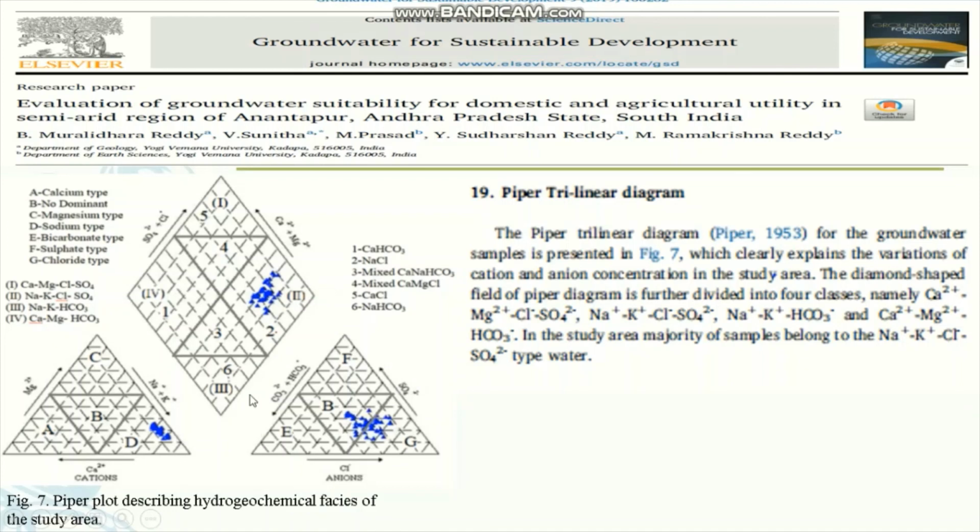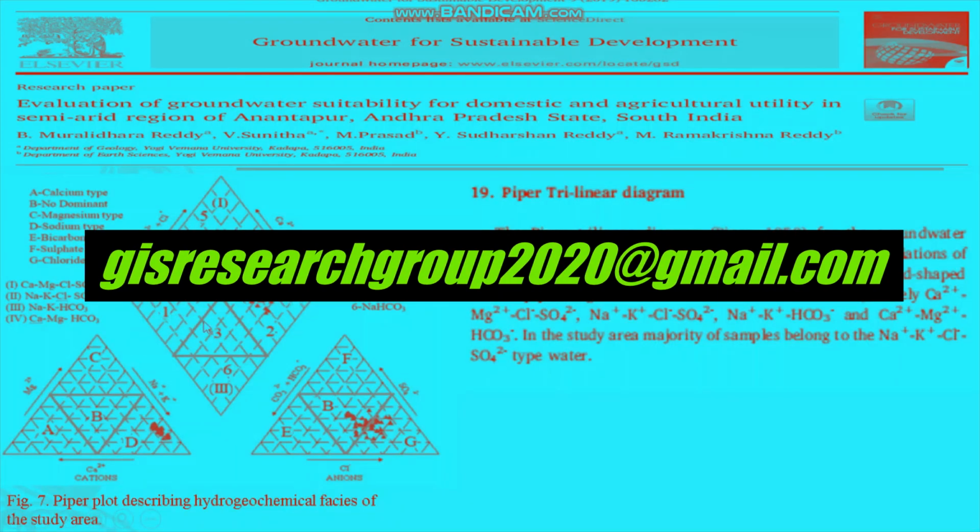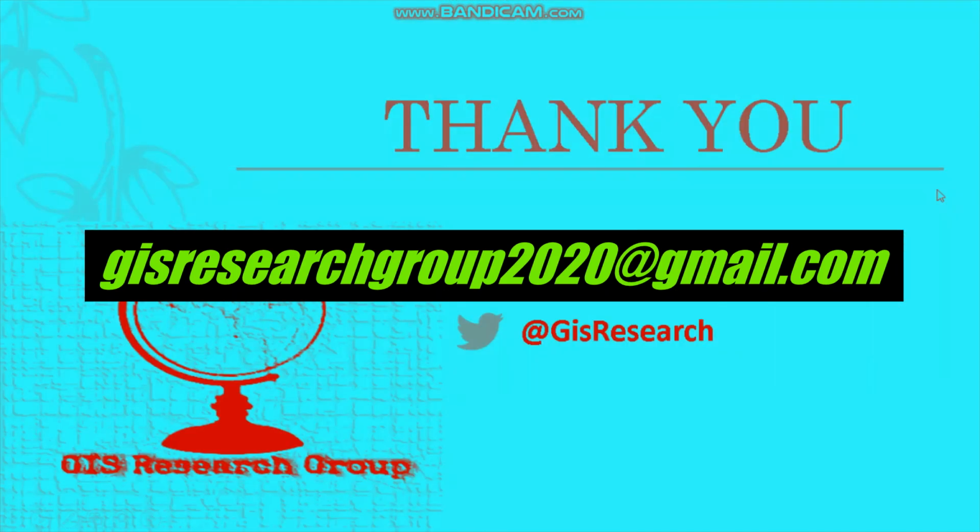So this is another good example of the Piper trilinear diagram, which gives a better view and better understanding of sample location and also sample hydrogeochemistry.